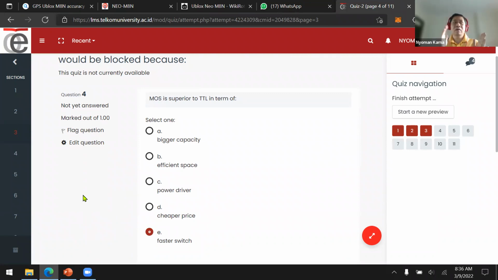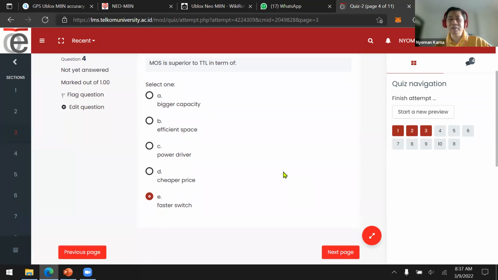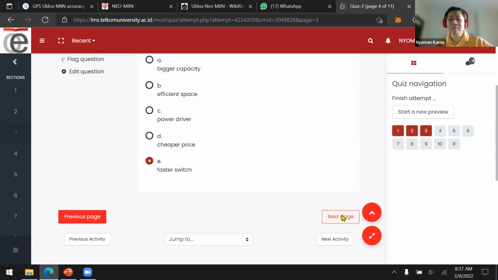That means that when the transistor is in the saturated mode and it wants to switch to cut-off, it can switch from saturated to cut-off much faster compared to the TTL, and likewise going from cut-off to saturated. So MOSFET is superior to TTL in terms of faster switching.